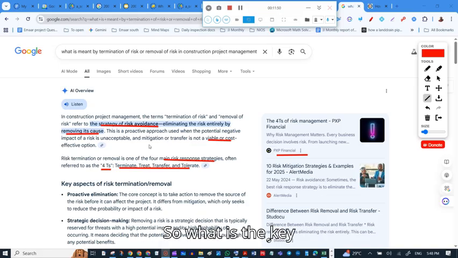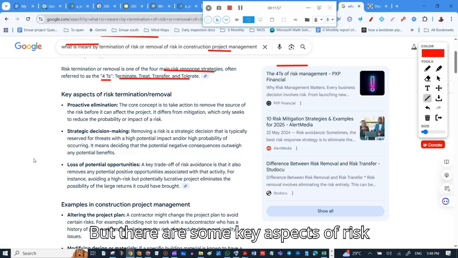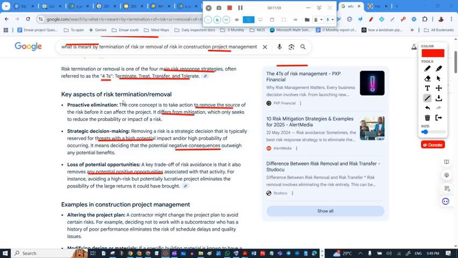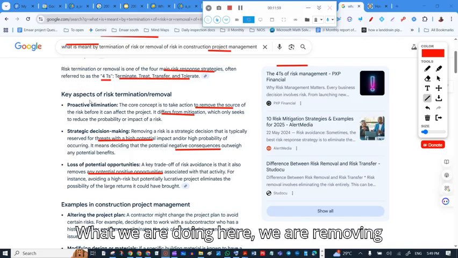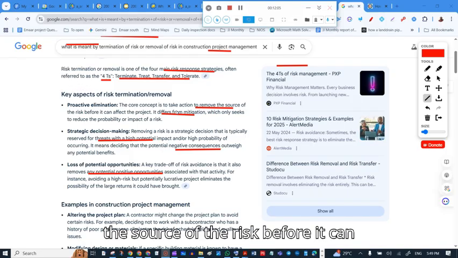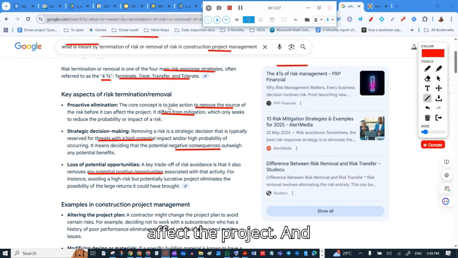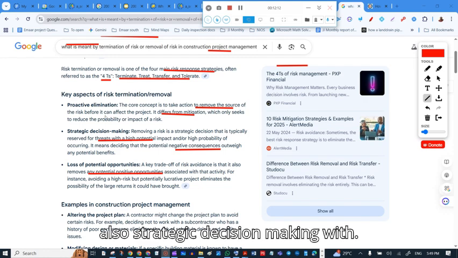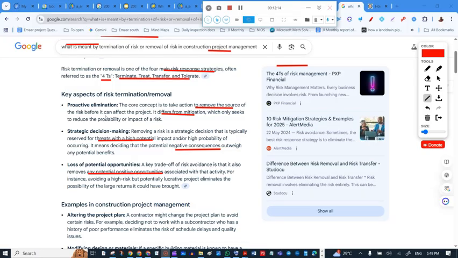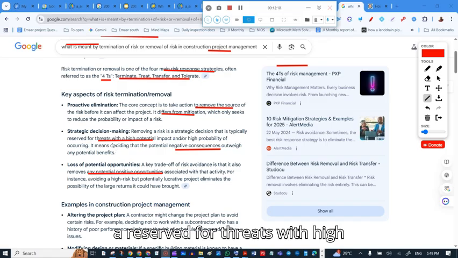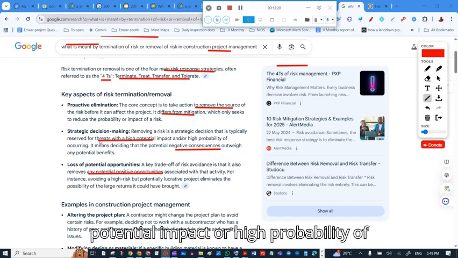So what are the key aspects of risk termination? What we are doing here is removing the source of the risk before it can affect the project. It's also a strategic decision. This kind of risk removal is reserved for threats with high potential impact or high probability of occurring.